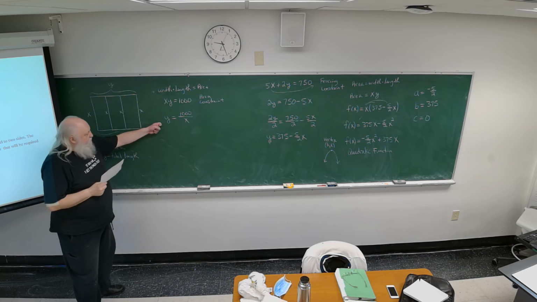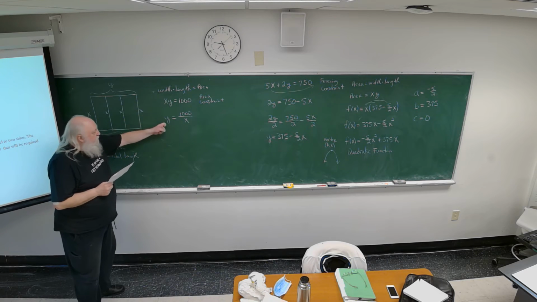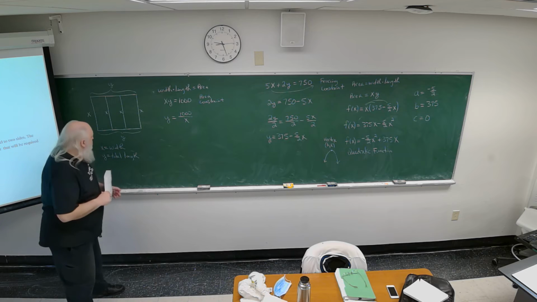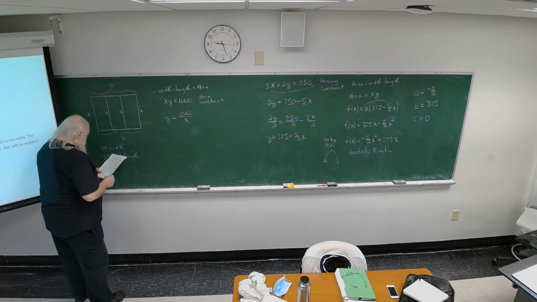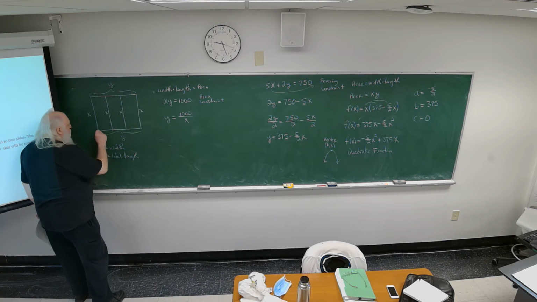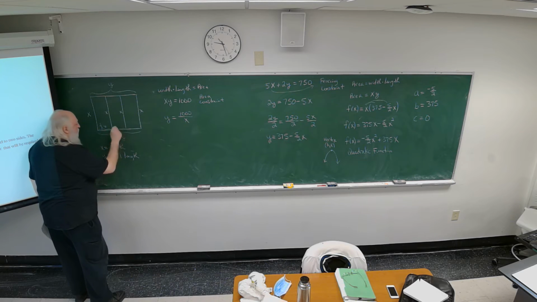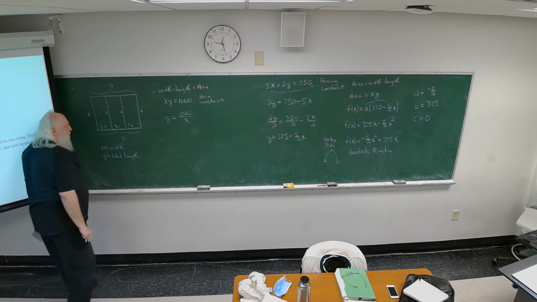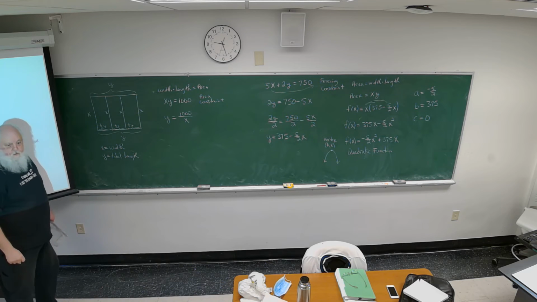So whatever the width x is, the total length y has to equal 1,000 divided by x, so that the area is fixed at 1,000 meters squared. Now I should point out over here that the width of each pen is 1/3 times y, because they're of equal width, but that is irrelevant to this problem.